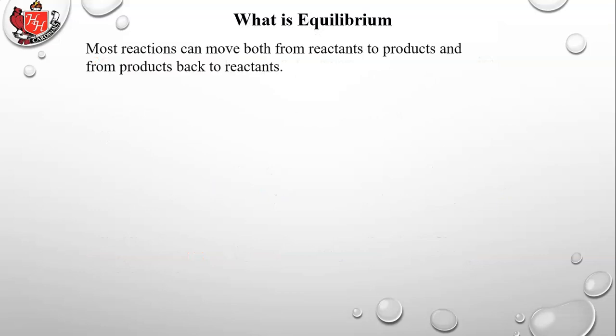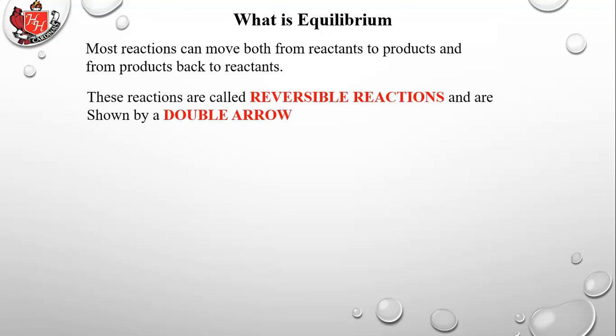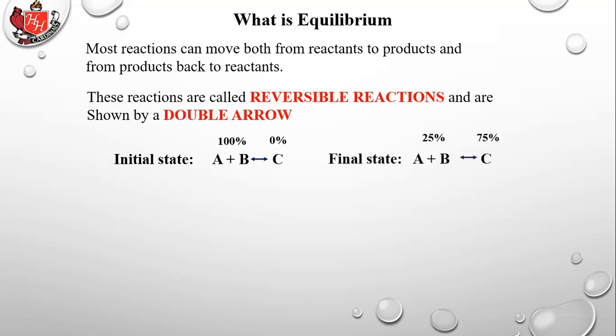Most reactions can move both from reactants to products and from products back to reactants. So these reactions are called reversible reactions and are shown by a double arrow. So the initial state is 100% reactants and 0% products. By the end of the reaction it doesn't go all the way to products.